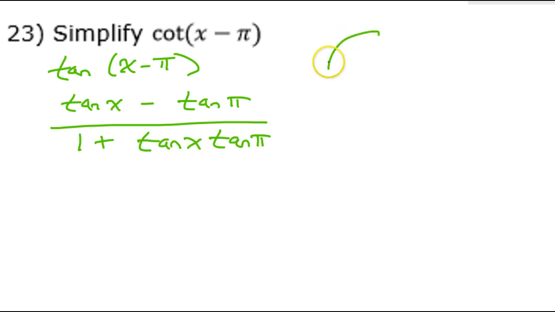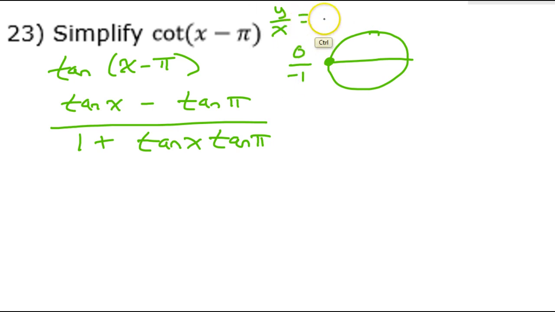Alright, let's talk about what the tangent of pi is real quick. So here is pi, and tangent is y over x. So in this position, the y value is 0 and the x value is -1. So that means that tangent is 0. So I've got tangent x.